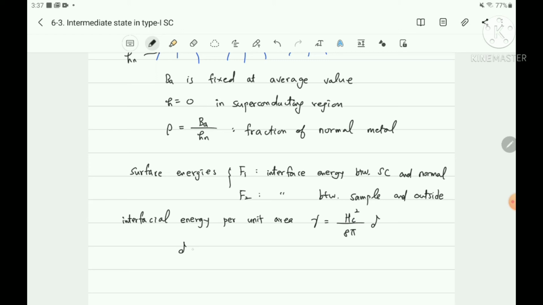Here delta is close to psi minus lambda, and delta is characteristic of the length difference between the coherence length and the penetration depth.